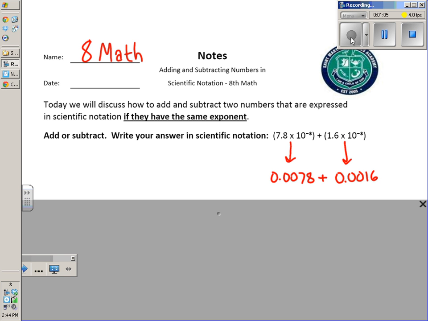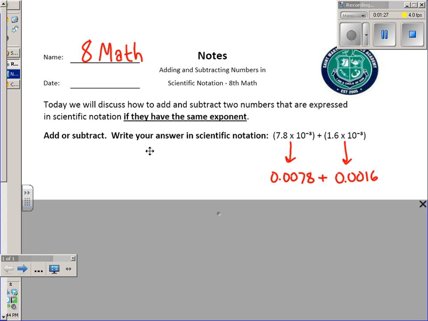This is the long way of adding and subtracting numbers in scientific notation. After we do it the long way, we're going to show an easy way that's a lot quicker, and you'll see how it works because of the long way. Okay, so we've converted these to standard notation. Now we're going to add them.